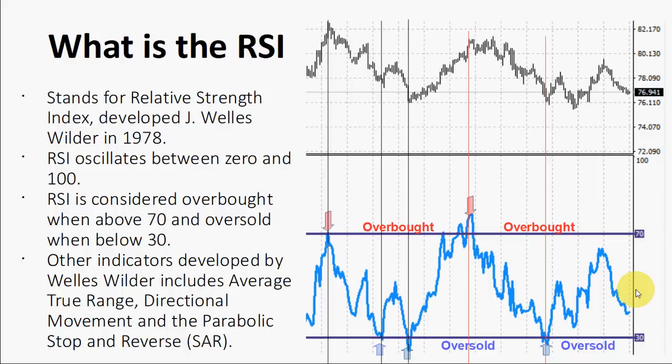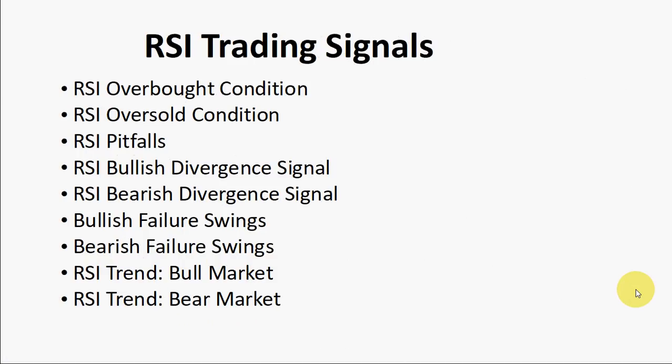Other indicators developed by the same person, that is J. Wells Wilder, include the ATR, average true range, DMI, directional movement index, and the parabolic stop and reverse, or parabolic SAR.